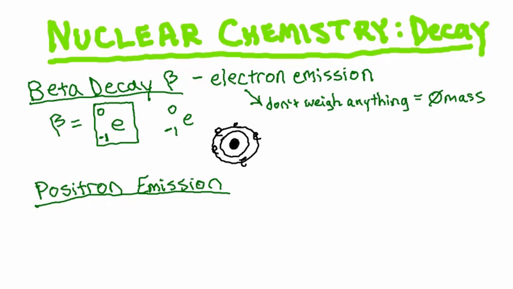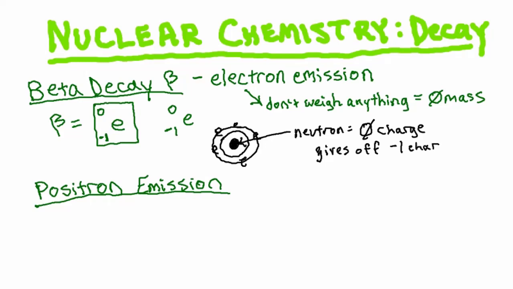The neutron, which lives in the nucleus, normally has a 0 charge, but it gives off a negative charge. It gives off the -1 charge of an electron, so the neutron itself becomes positive.